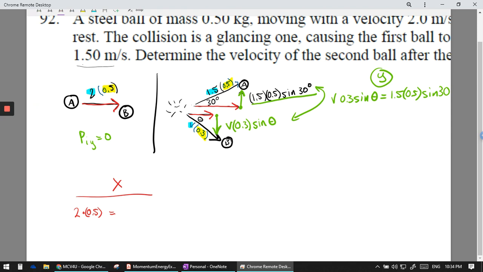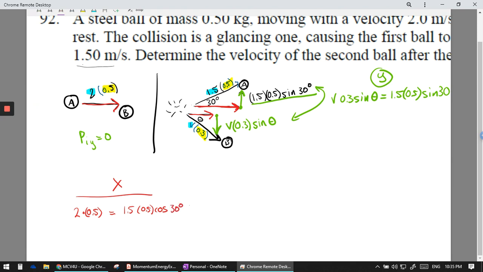Oh, but those red vectors are, this first top one, the upper red vector, is going to be 1.5 times 0.5 times cosine of 30 degrees.